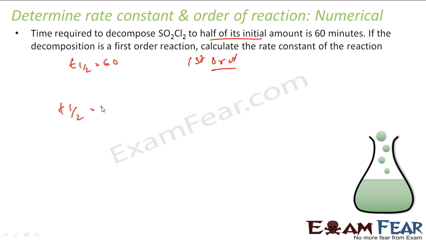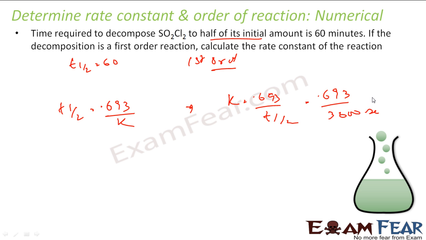T half is equal to 0.693/K. Direct application of the formula, only for first order. K is 0.693/T half, that is 0.693/3600 seconds, which is nothing but 10^-4 per second.